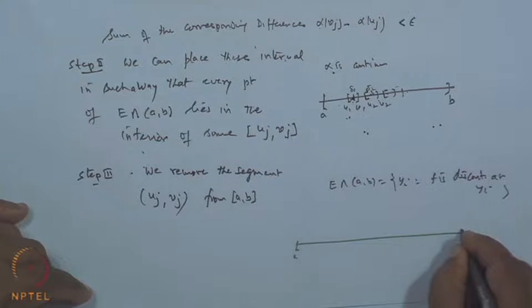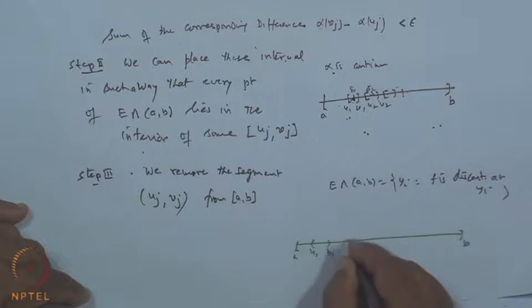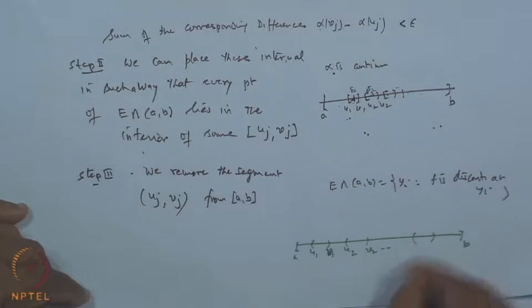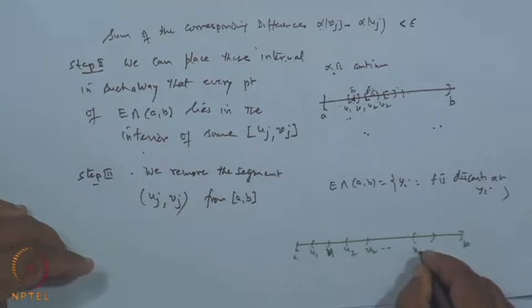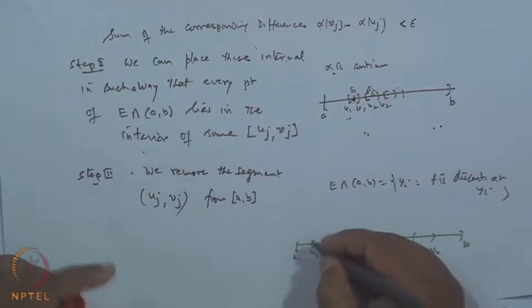ab, and here are the points, say u1 v1, u2 v2 and like this. Suppose these are the points, say like un, vn. Then what we do is, we are removing this portion.